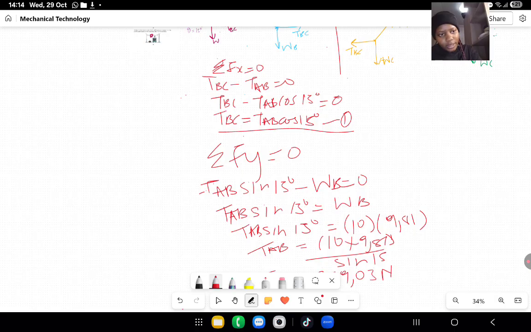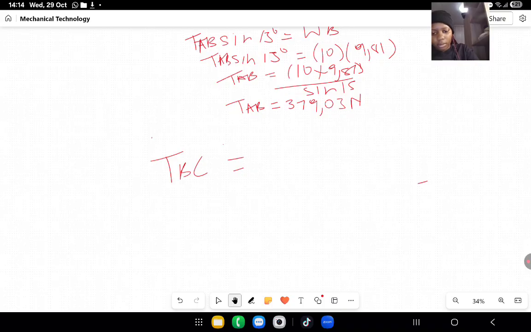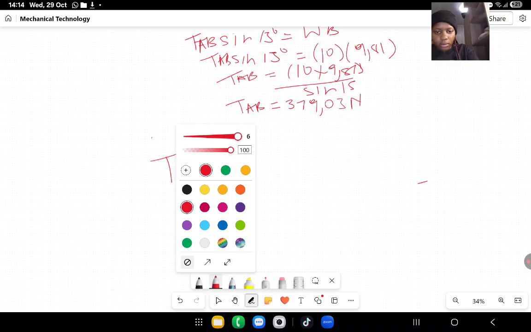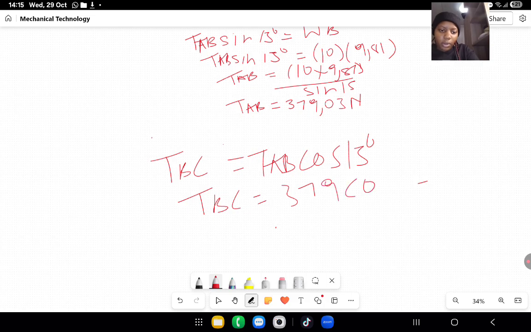Where we see TAB, we substitute 379.03. So TBC will equal 379.03 times the cos of 15 degrees.